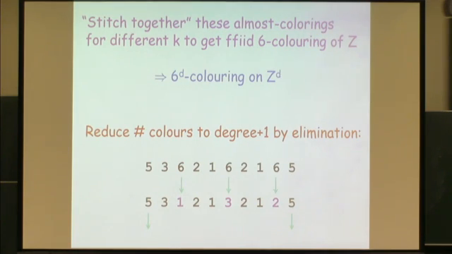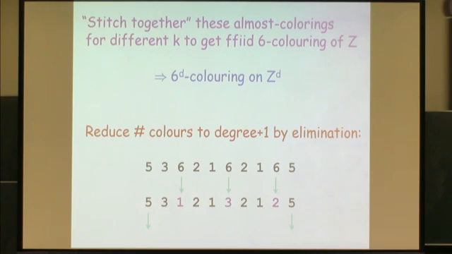Now, I claimed I could do it with 4 colors. You can rather easily reduce the total number of colors to the degree of the graph plus 1, so in ZD, 2D plus 1, by just locally eliminating colors.